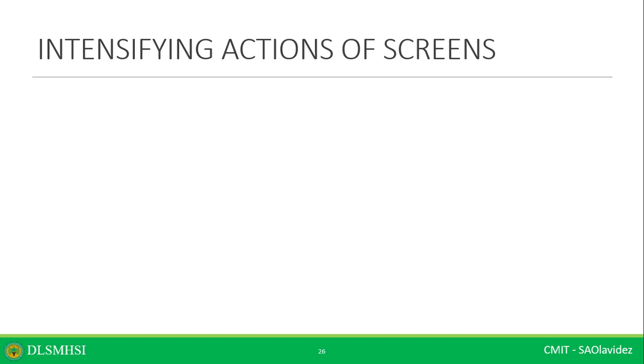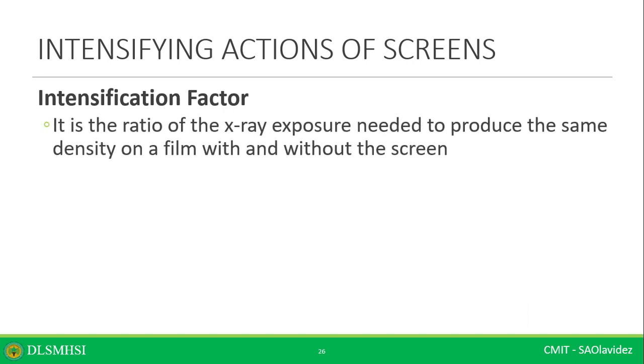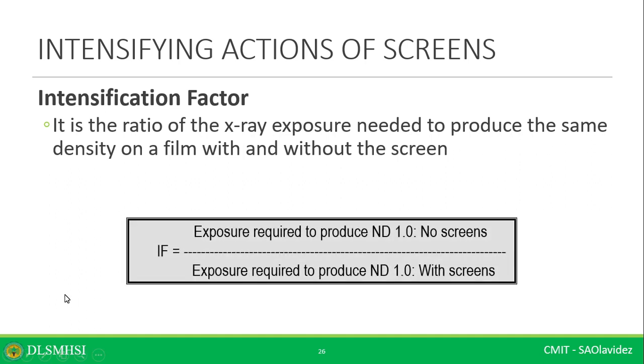Now, another one is the intensification factor. Intensification factor is the ratio of the X-ray exposure needed to produce the same density on the film with and without the screen. Intensification factor can be computed using this formula: intensification factor is equal to the exposure required to produce net density 1 without screens, divided by the exposure required to produce net density 1 with screens.